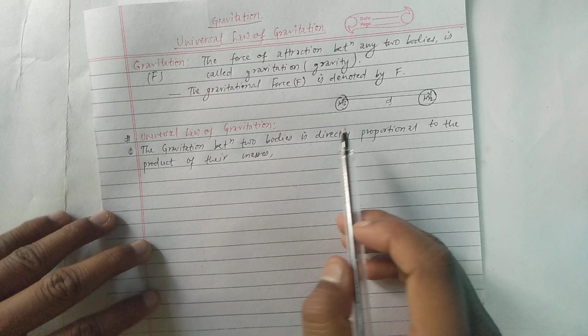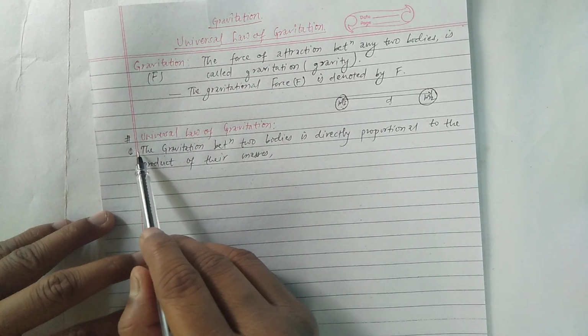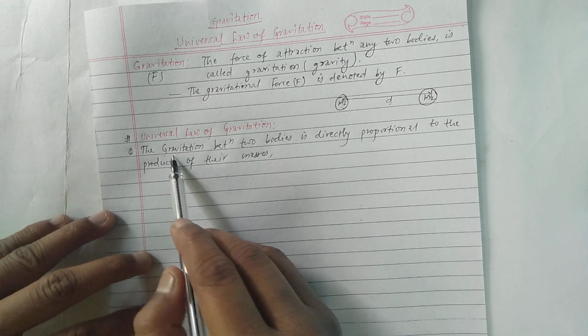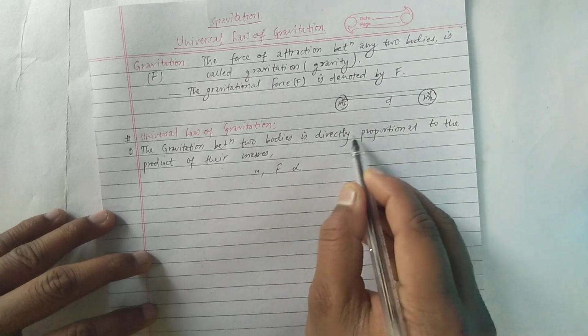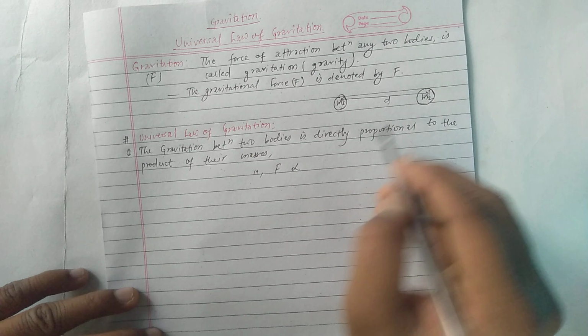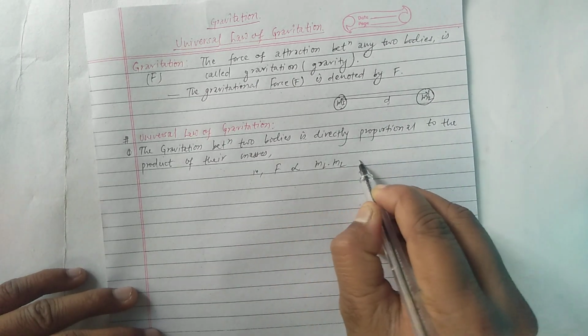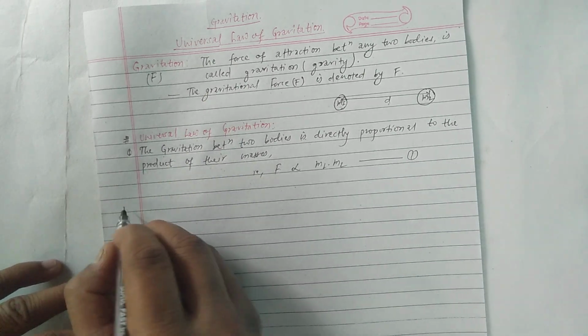If you analyze this figure, Newton's first law gives the gravitational force F as directly proportional to the product of their masses, meaning m1 and m2. F is directly proportional to m1 and m2. So this is our universal gravitational first law.